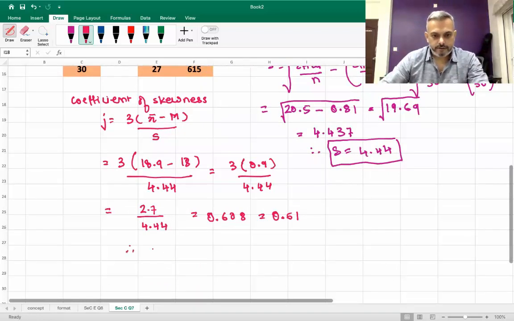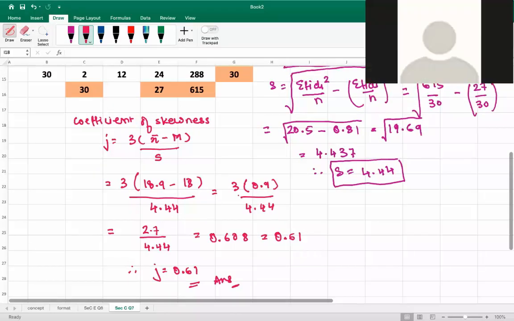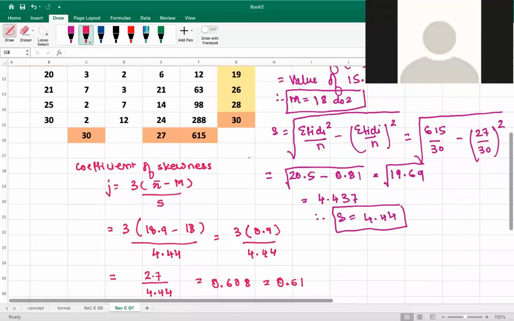Therefore, J is equal to 0.61. Answer. Are you getting the answer 0.61? Yes, sir. Yes. Okay, good.